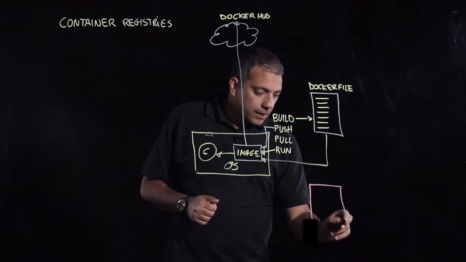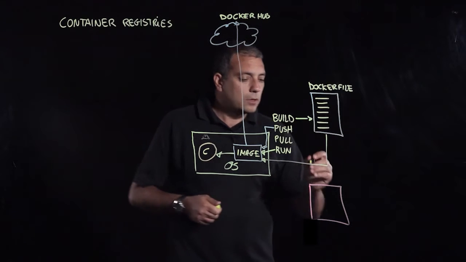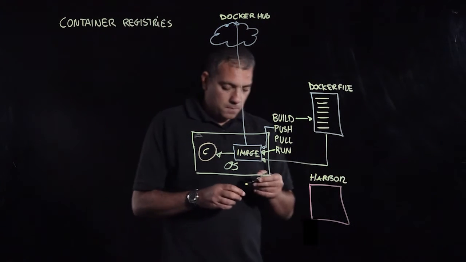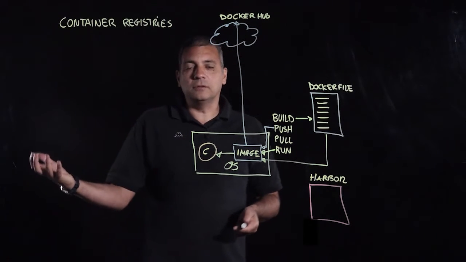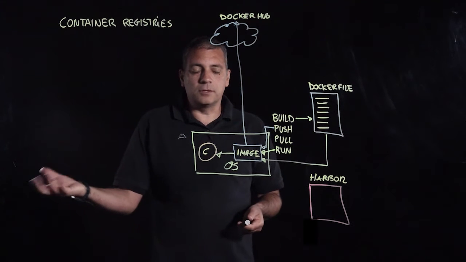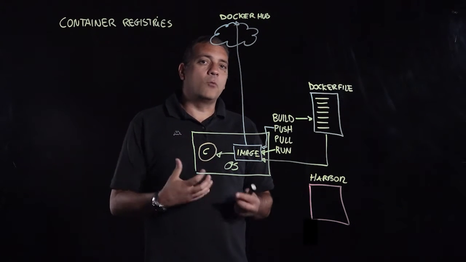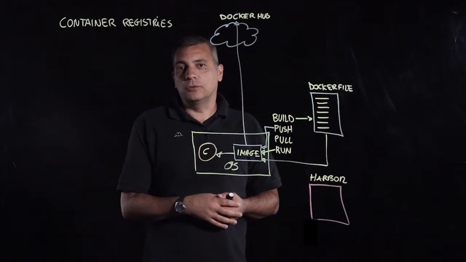Harbor is an open source project sponsored by VMware, and what we have done is we took the open source version of the Docker registry that Docker has been writing. We took that code and we extended it to add enterprise features to it.